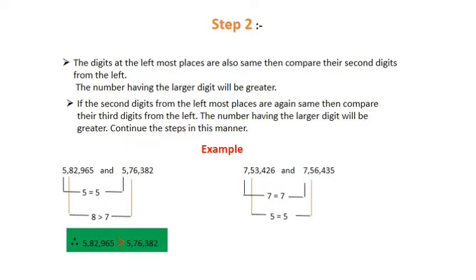The next number is 5. Again 5, they are equal. Now we have to go to the third digit from the left, which is 3, and here it is 6. So 3 is smaller than 6. That means 7,53,426 is smaller than 7,56,435. Okay student, do you understand how to compare these numbers?